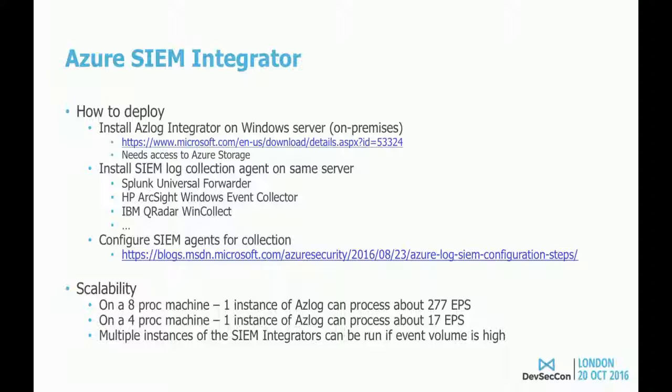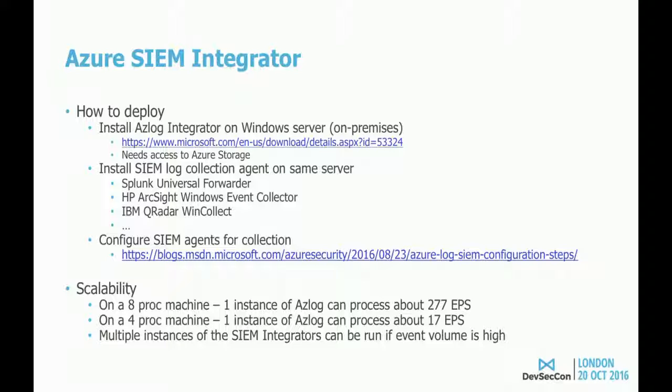You install either the Splunk Universal Forwarder, the ArcSight Event Collector, or the QRadar Windows Collector, and it will pull the logs into a folder, and the SIEM agent will collect those logs and convert them to whatever format is needed for the SIEM to ingest them. There is a nice blog post at MSDN describing all the different options and how to configure it for ArcSight, Splunk, and QRadar.